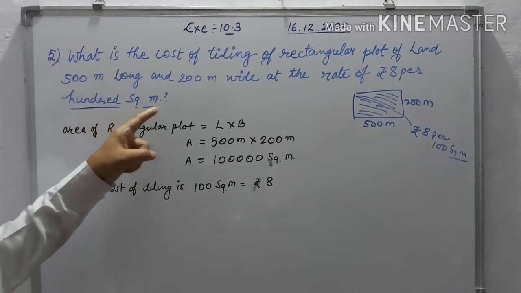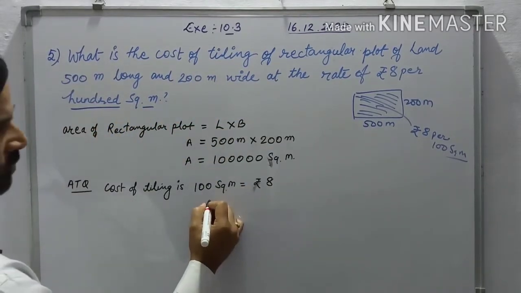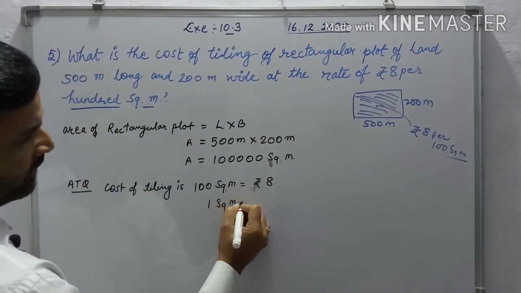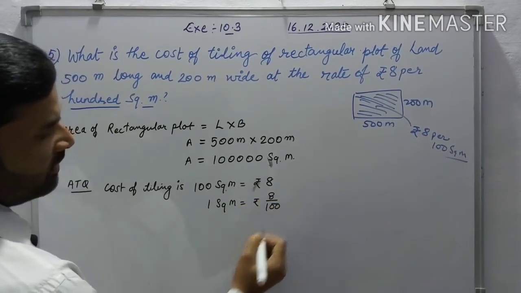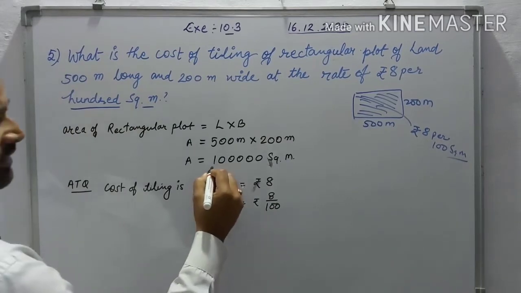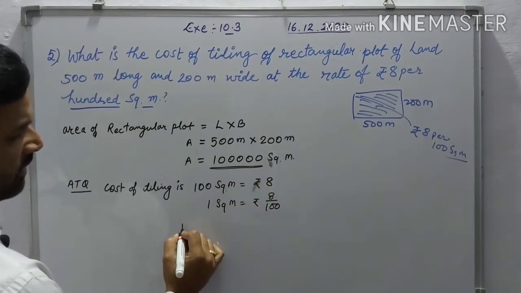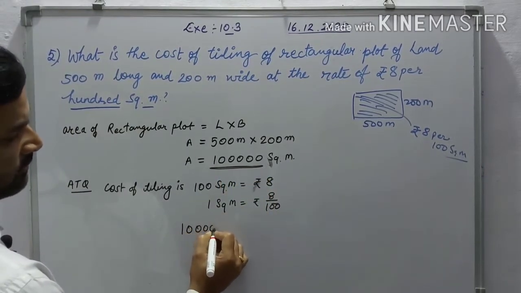Okay, 100 square meter is rate of 8 rupees. 1 square meter is equal to rate 8 upon 100. The total area you have for tiling is 10,000.